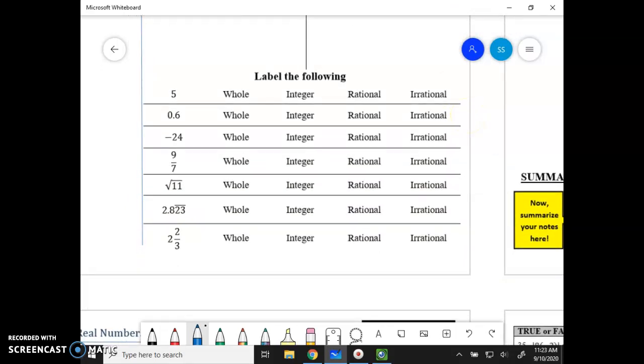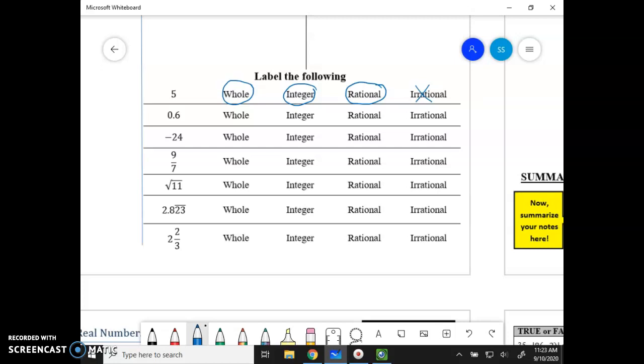So we're going to label the following. Number 5, is 5 a whole number? Yeah. And if it's a whole number, it's also an integer, and it's definitely rational. And you can't be rational and irrational. All right, now we got 0.6.